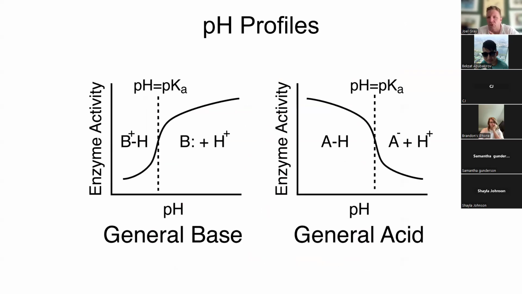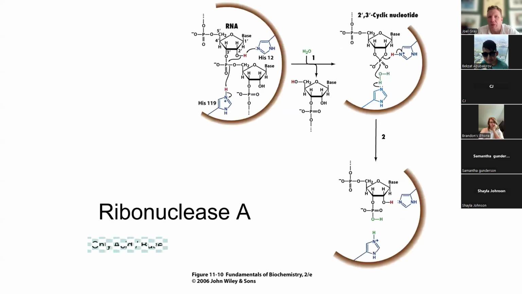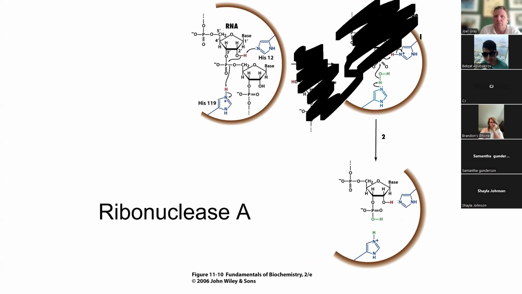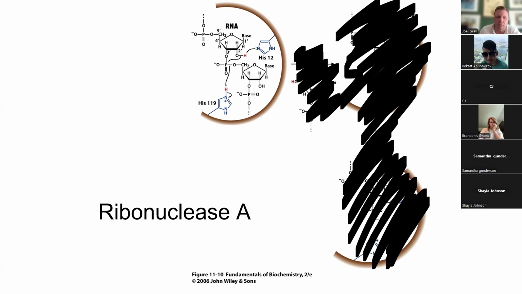Now, I want to go ahead and jump ahead for just one moment and look at an example of acid-base catalysis. For the purposes of our illustration, I'm going to block out a lot of this. And then I'm going to highlight a specific portion of this.